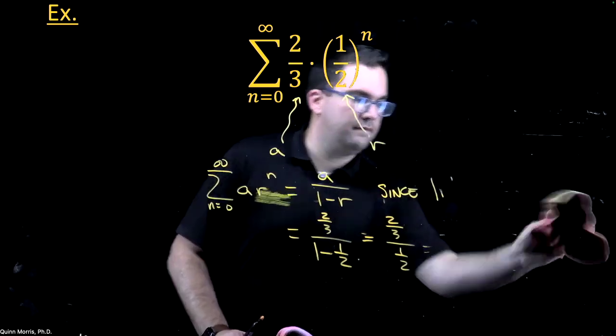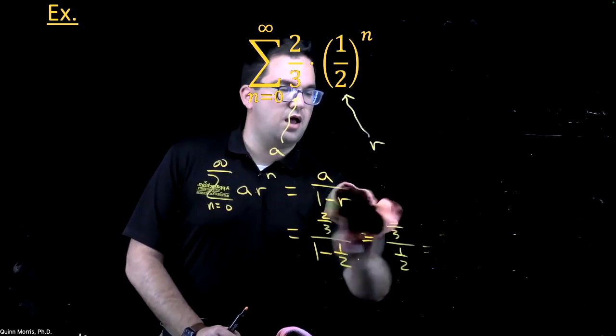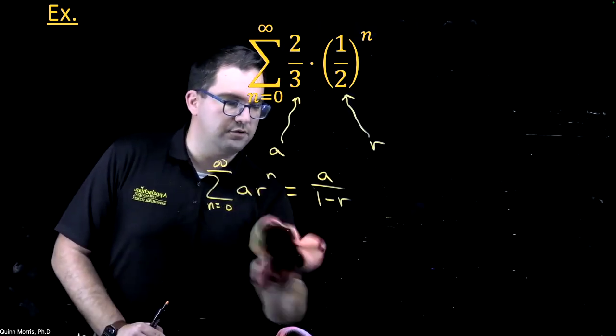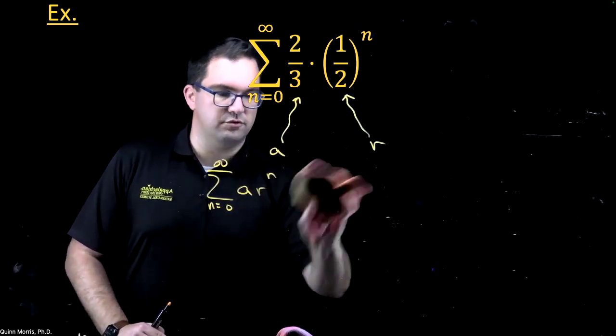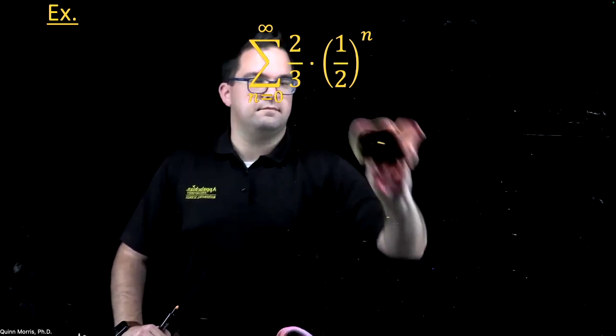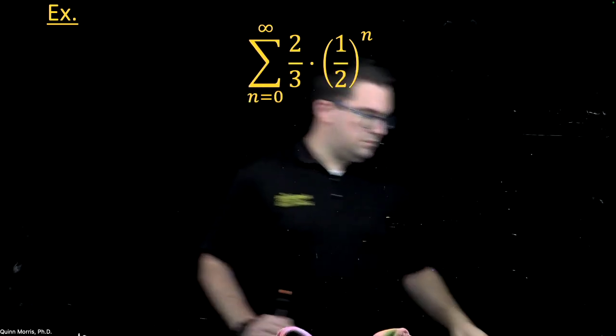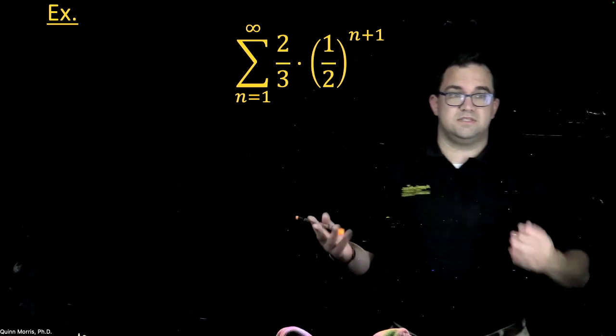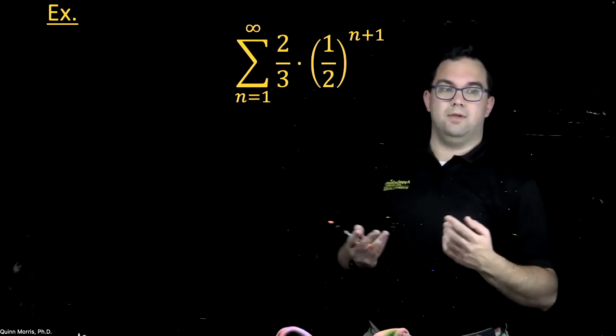Let's look at another example that's not quite so straightforward, but with a little work, we can determine whether it converges or diverges. Now let's look at this example. On the surface, you may go, oh, this is almost exactly the same problem.